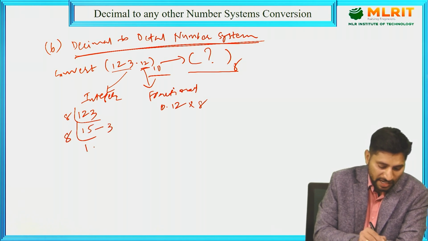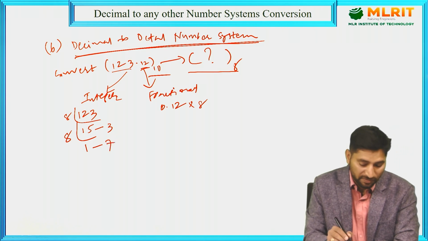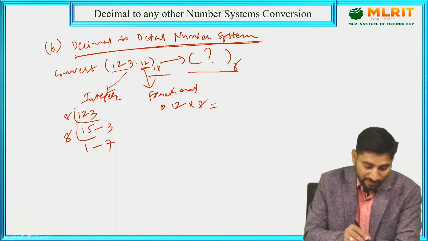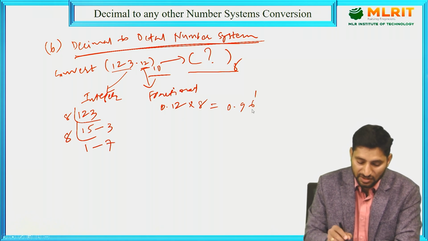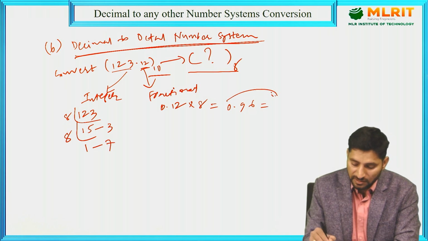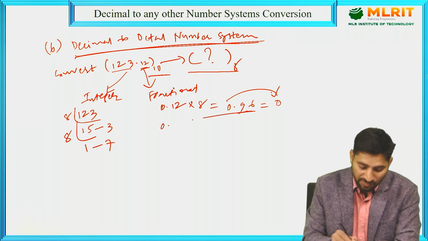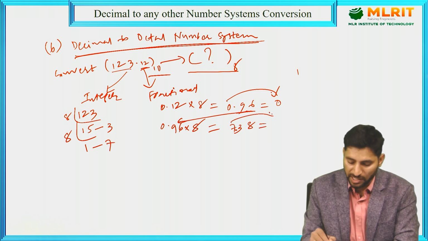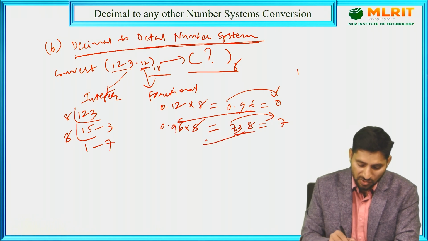So first let me finish this integer part. 8 1 8, and here 7 is the remainder. For the fractional part, 0.12 into 8 will give 0.96. So here I need to copy this integer part, and again you take this fractional part 0.96 into 8. So again you multiply, this is 7.38. So you copy this 7 here and this 0.38 you copy here.